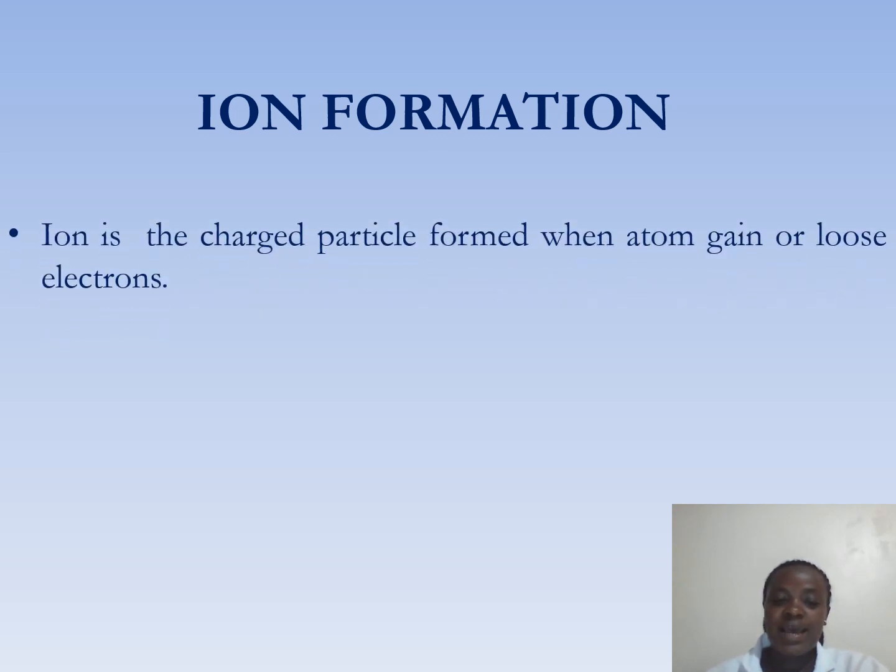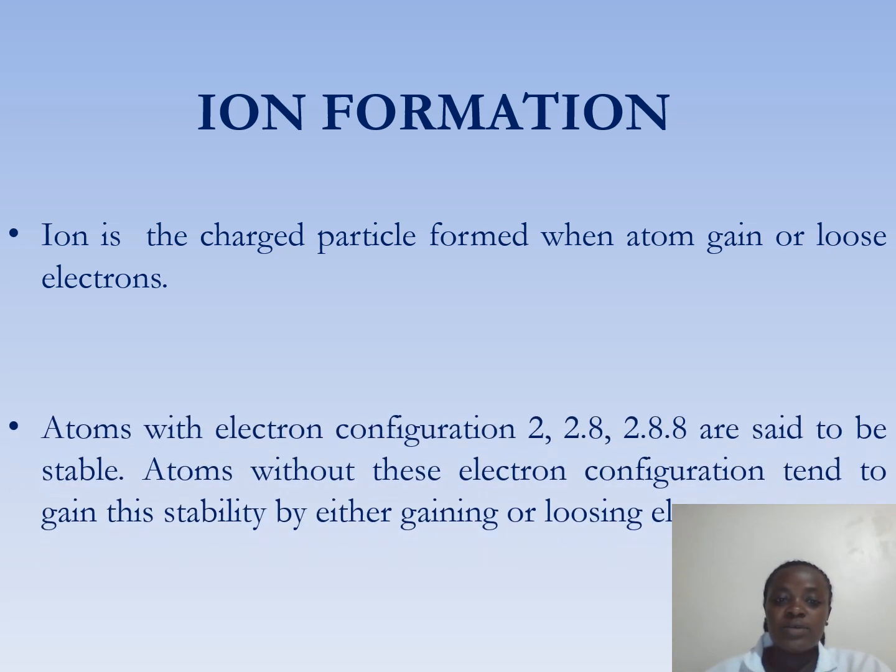So what is an ion? An ion is a charged particle formed when an atom gains or loses electrons. Atoms with an electron configuration of 2:8 are said to be stable, so they do not lose or gain electrons.